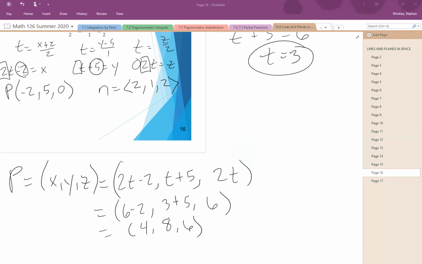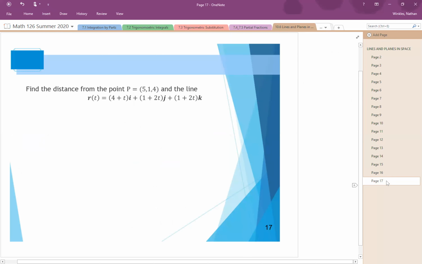For this next one, we're told to find the distance from the point P equals (5, 1, 4) and the line r of t equals (4 plus t) i plus (1 plus 2t) j plus (1 plus 2t) k. So the line r has the direction d of 1, 2, 2.